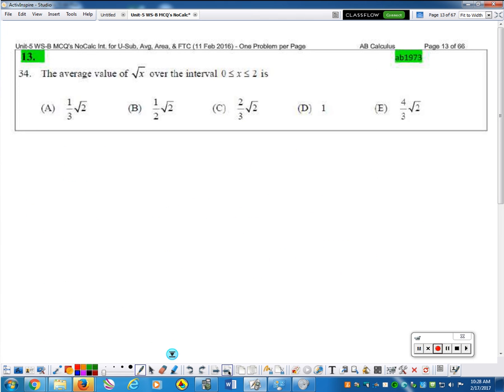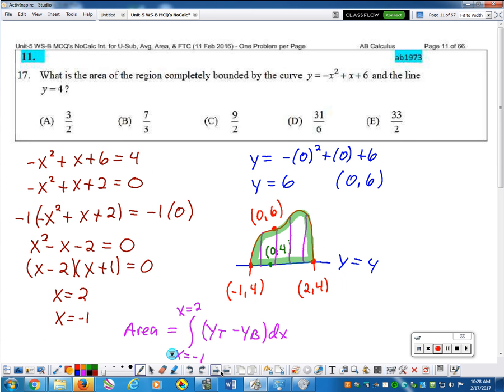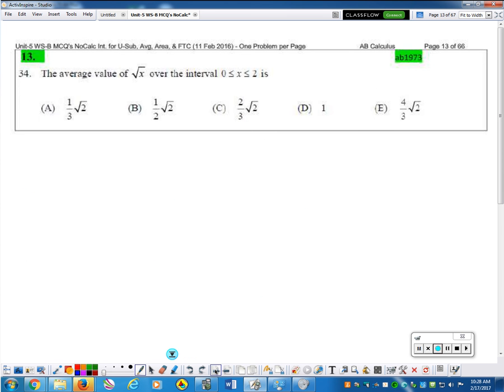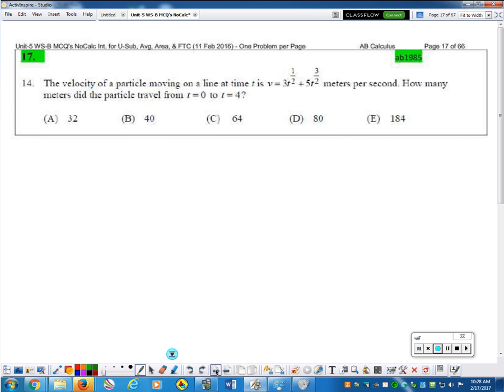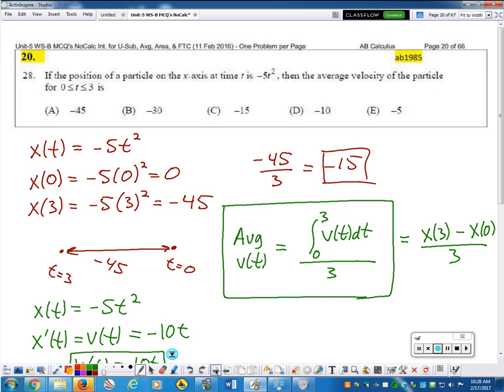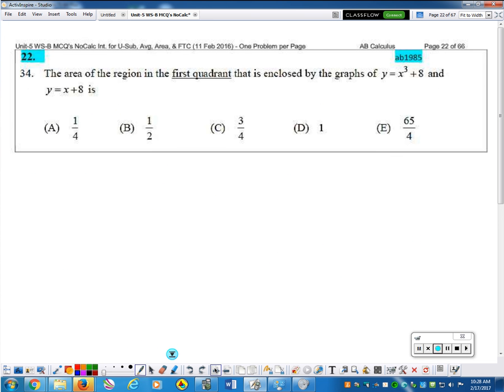What did it say there? Y equals 4. So that one's easy to visualize. These two are a little tougher to visualize, but the process is the same. We need to find where they intersect. So I set them equal. Write this down, please.